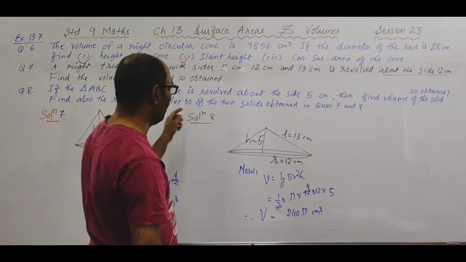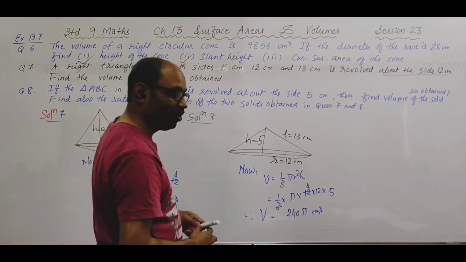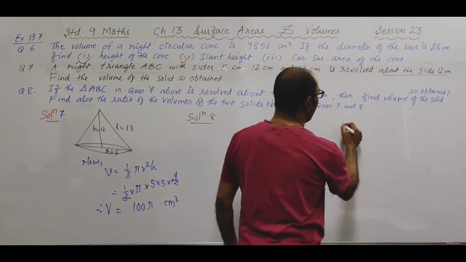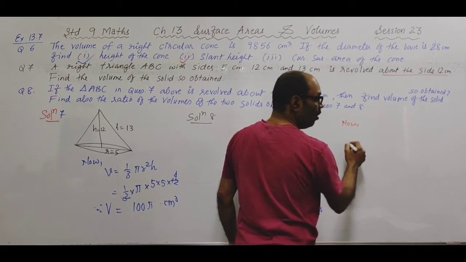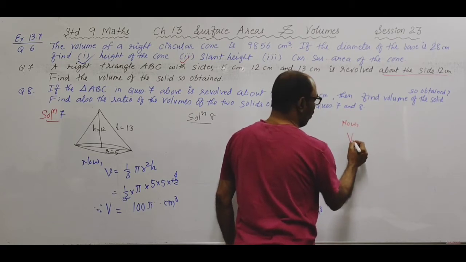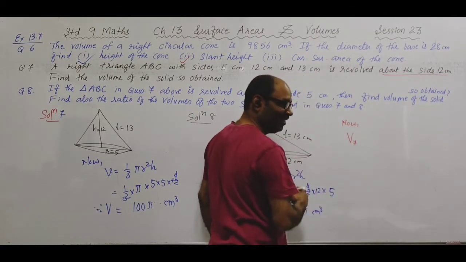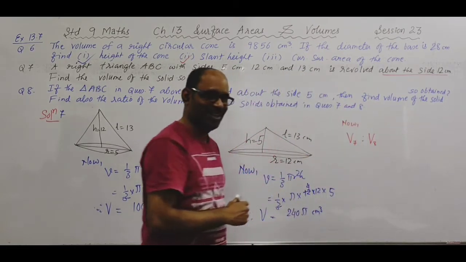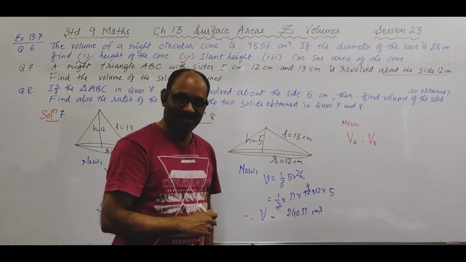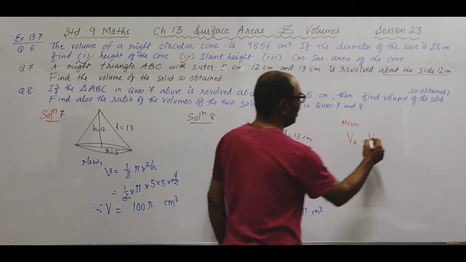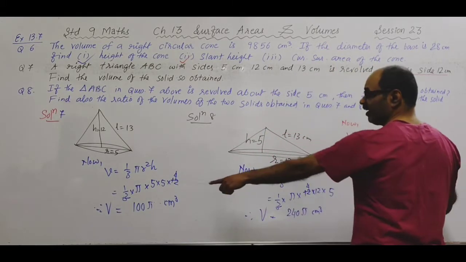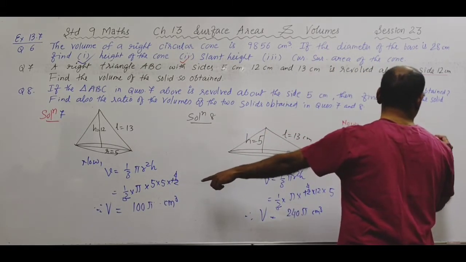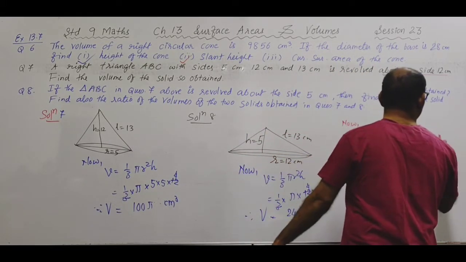Also find the ratio of the volumes of the two solids. Okay. So now, volume of solid in question is to volume of solid in question. See the symbol that I am using. All right, is equal to, बोलिए क्या है? 100 pi is to 240.